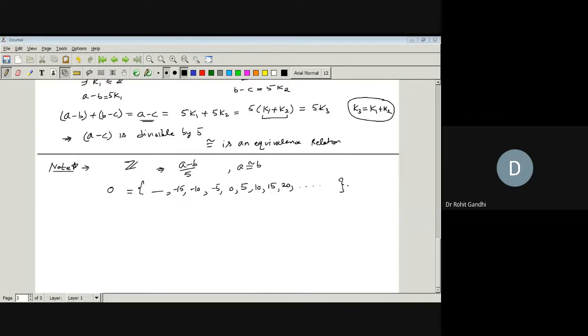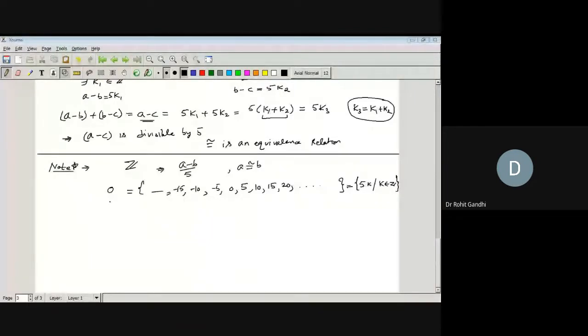So we have 5 into k, such that k belongs to integers. That means multiples of 5 are there, right? Now students, these all elements are in relation with 0.